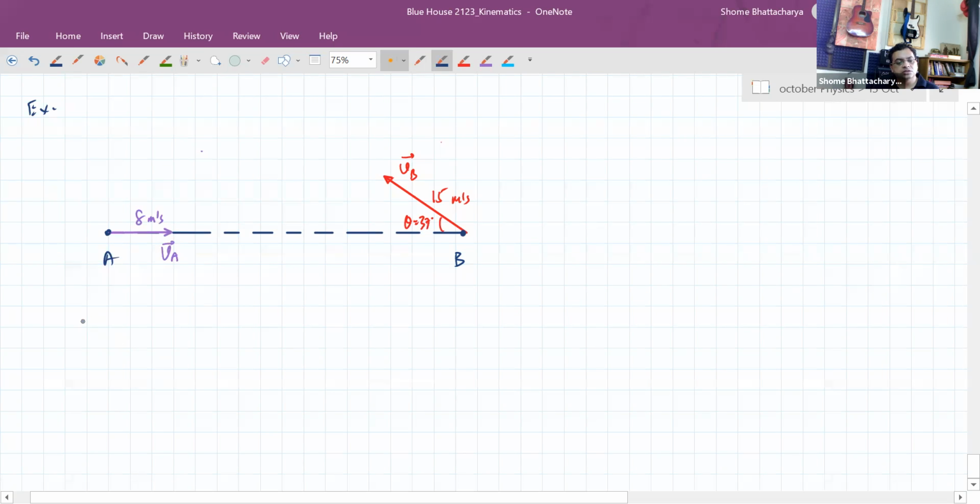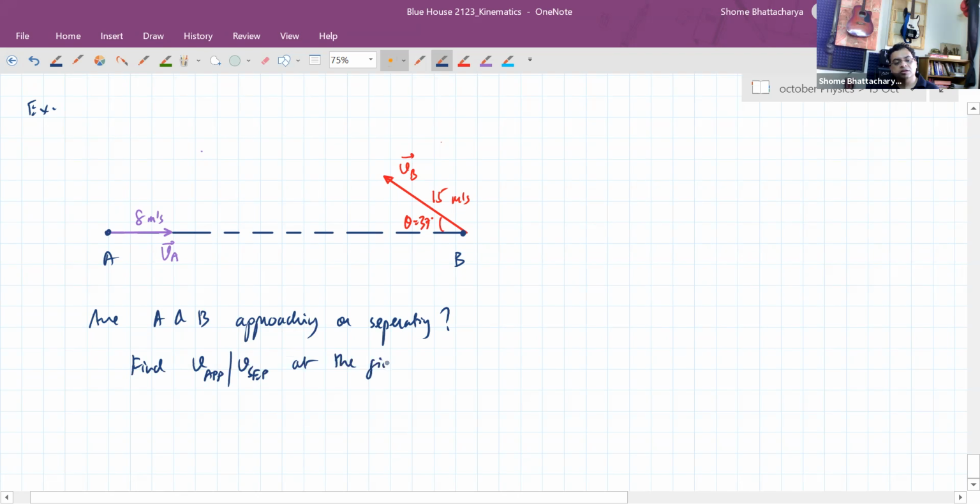So the question here is that are A and B approaching or separating, and find the instantaneous approach velocity or separation velocity, as may be the case, at the given instant.